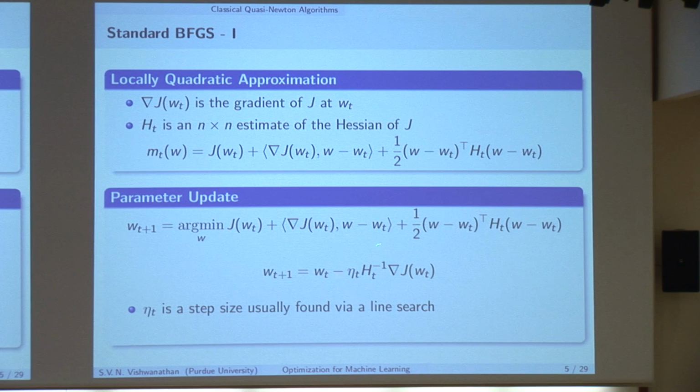Well, the problem is that you come up with an estimate of the Hessian. If it is a d by d matrix, you have to invert it, and that is an order d cubed operation, right? Very expensive. So that is why this algorithm, although it existed before 1970, was not very popular.